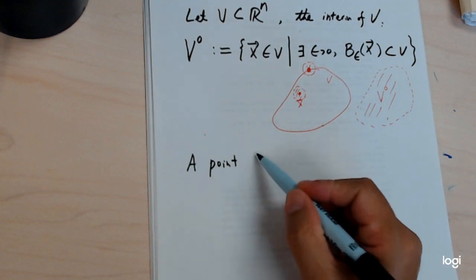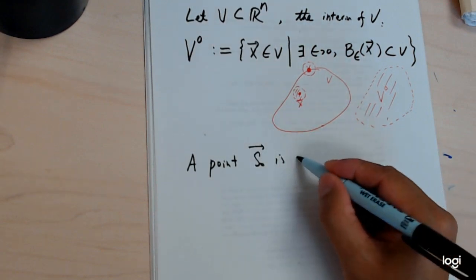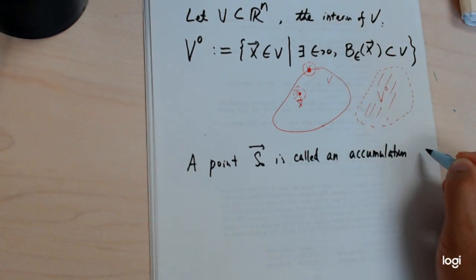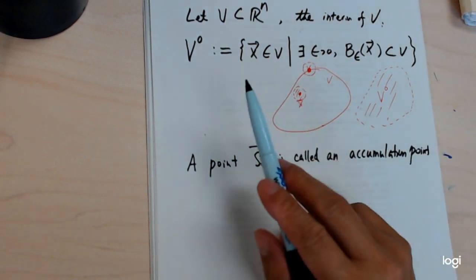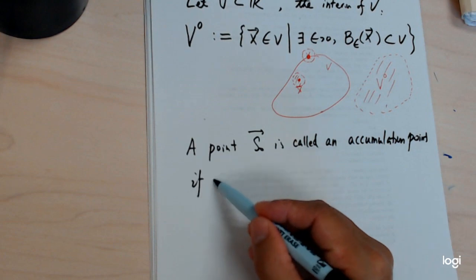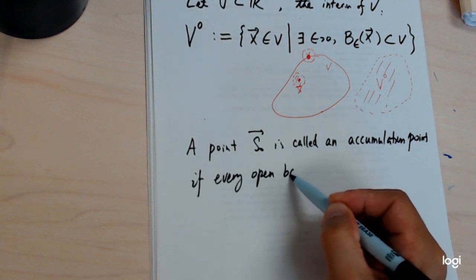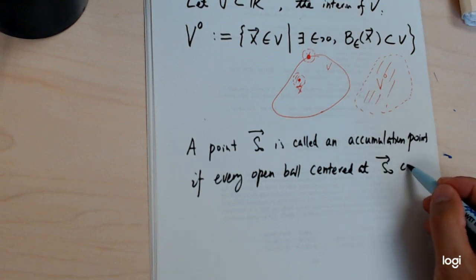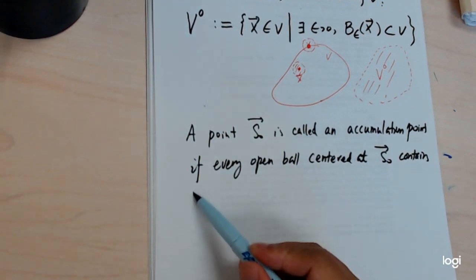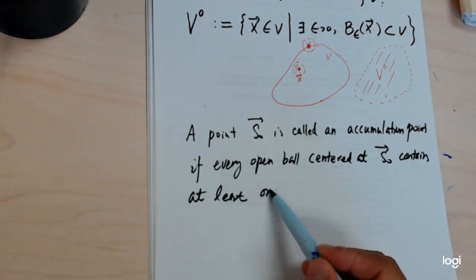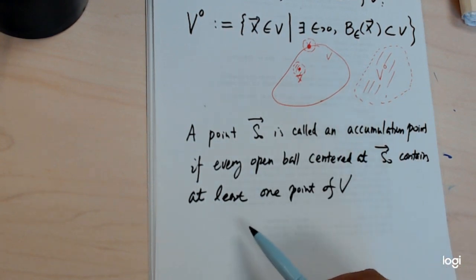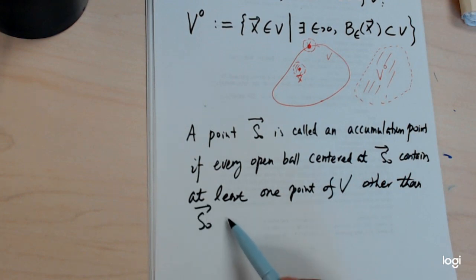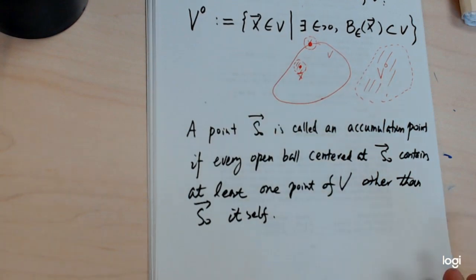A point S0 is an accumulation point of a set V if every open ball centered at S0 contains at least one point of V other than S0 itself. Okay, accumulation point.